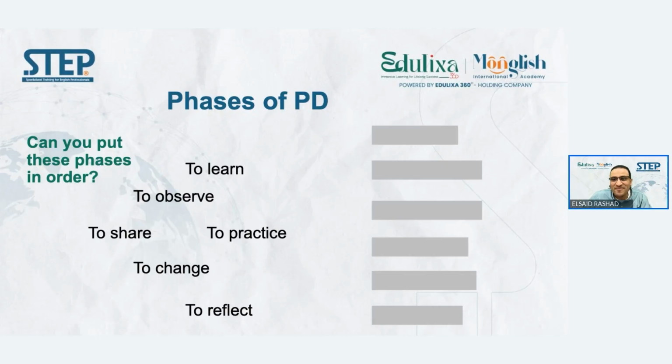Okay. So the first one is to learn. As we said, knowledge is power. Start with learning, and then everything should come. Number 2 is to observe. Number 3, after learning and observing, yes, thank you very much, Hala and Gabriel. So yes, number 3 is to practice.